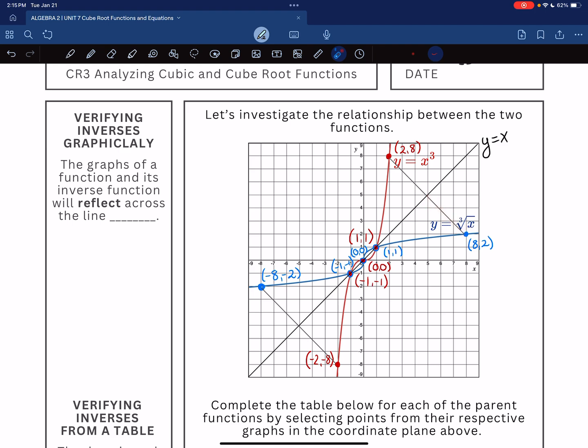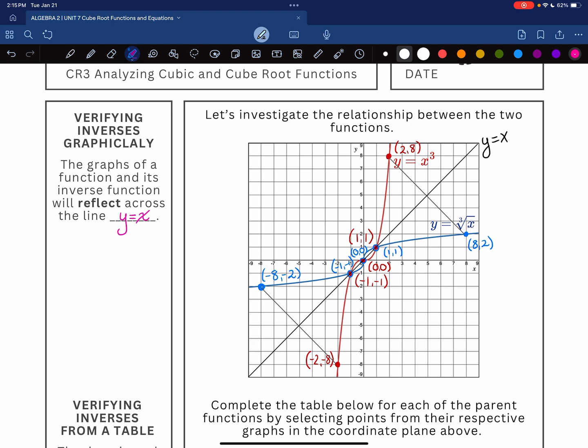We have this symmetry that is existing between these points across this line. So let's take a moment and write that in the margin, because this is a really big idea. The graph of a function and its inverse function will always reflect across the line y equals x. This is a big deal.